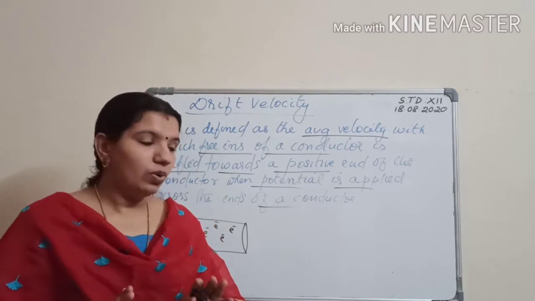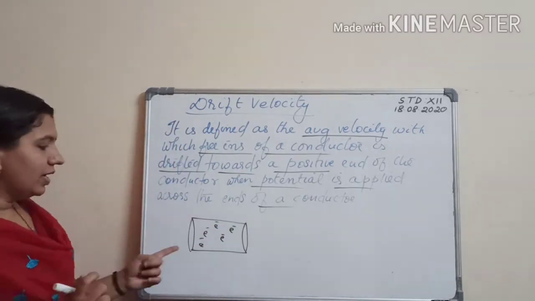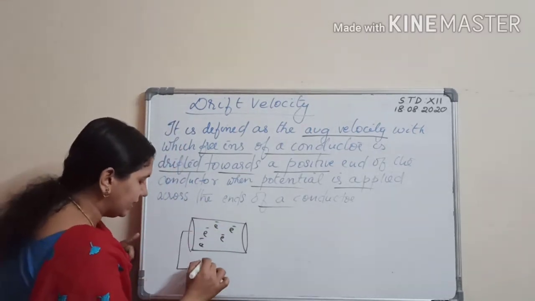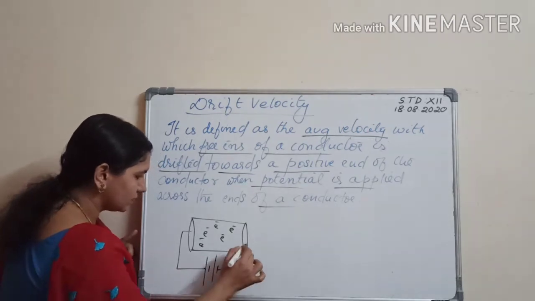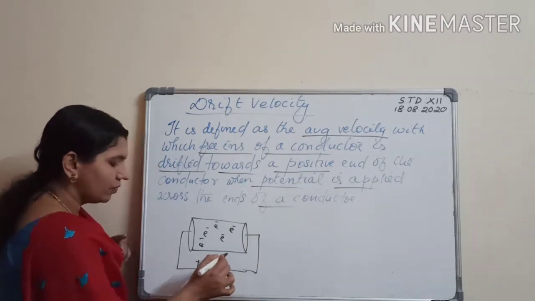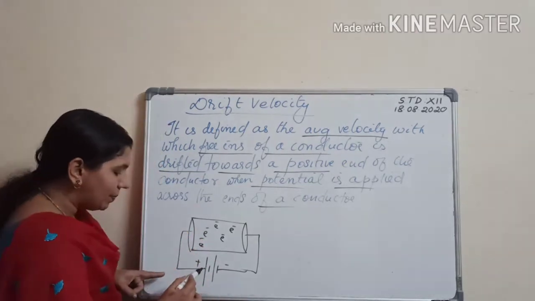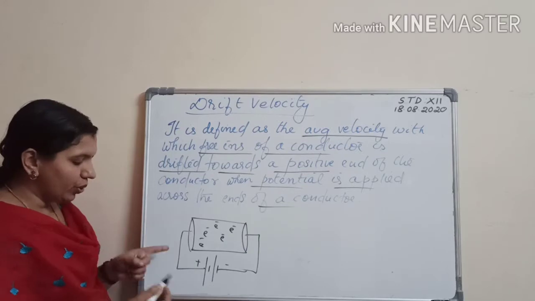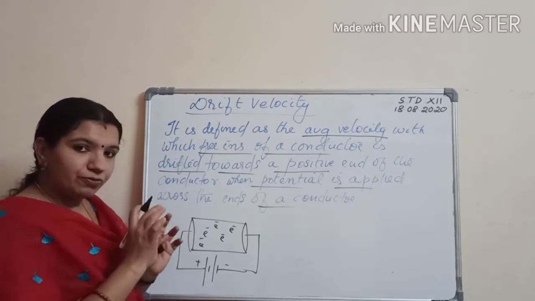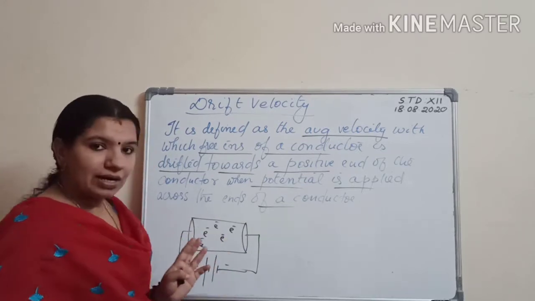Understand? Now here what we are doing is applying an external field. When you apply an external field, you know that the field will provide a force on this conductor.